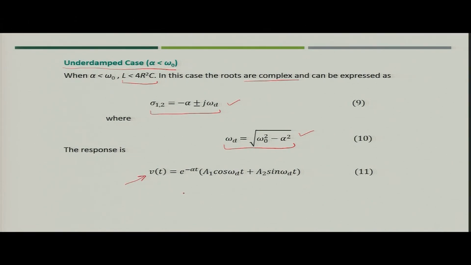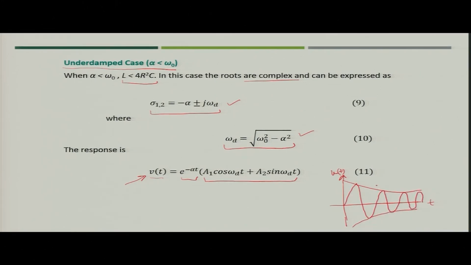So, V t would be equal to e to the power minus alpha t, which gives you the exponentially decaying response, times A 1 cos omega d t plus A 2 sin omega d t. If you plot voltage V with respect to time t, you will get an oscillatory response and it would be decaying.